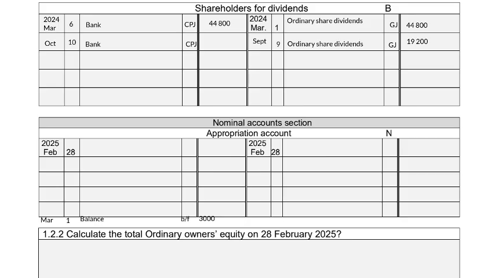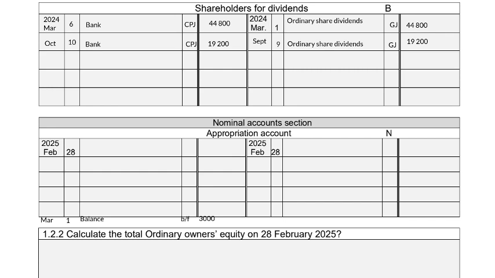R19,200. To make both sides square, debit and credit side is now square. And then lastly, on the 28th of February 2025, another 11 cents per share was declared as dividends.